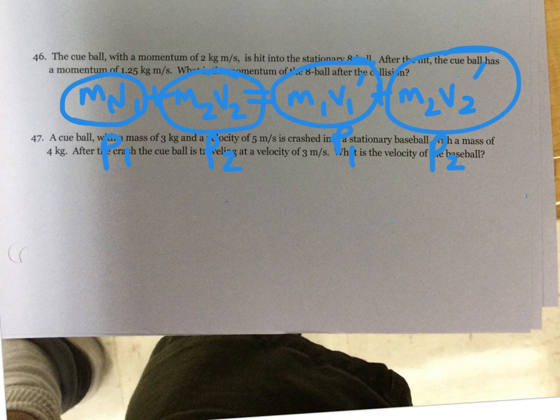And so if we call the cue ball object 1 and the 8 ball object 2, the momentum before the collision is 2, so we have 2 plus 0, since the 8 ball is not moving. Sorry about that bell.